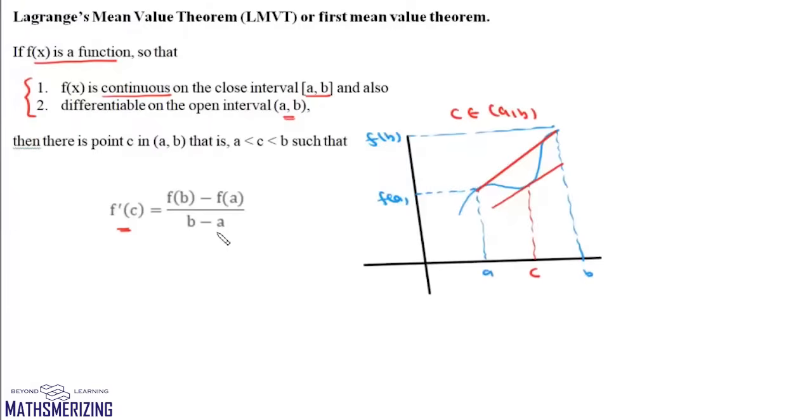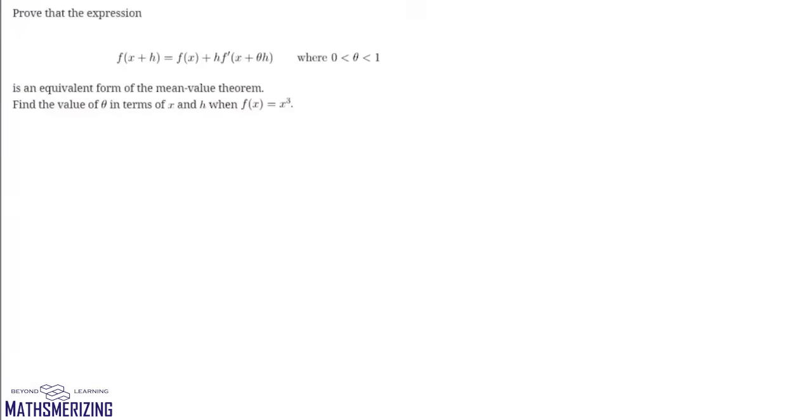Now there is an alternate form for Lagrange's theorem, and which is: prove that the expression f(x plus h) equals f(x) plus h f dash (x plus theta h), where theta lies between 0 and 1, is an equivalent form of the mean value theorem.